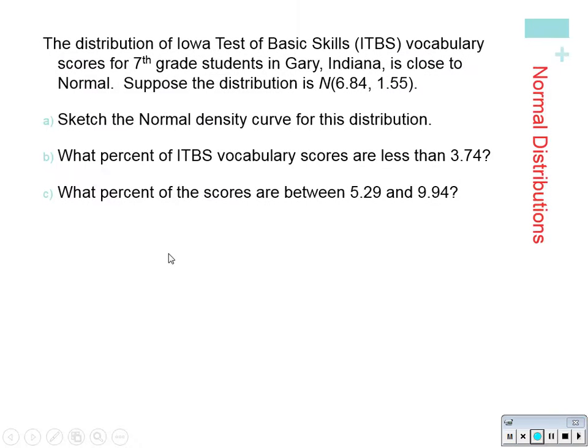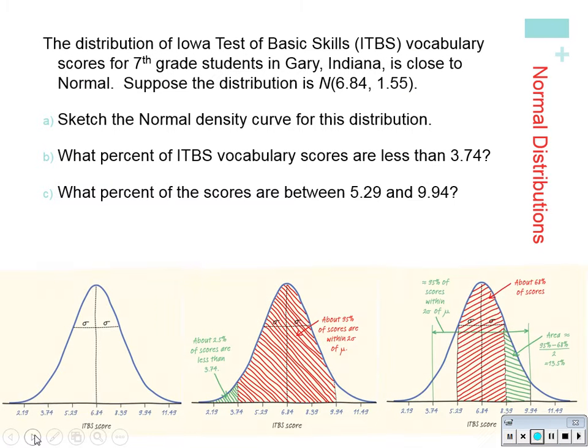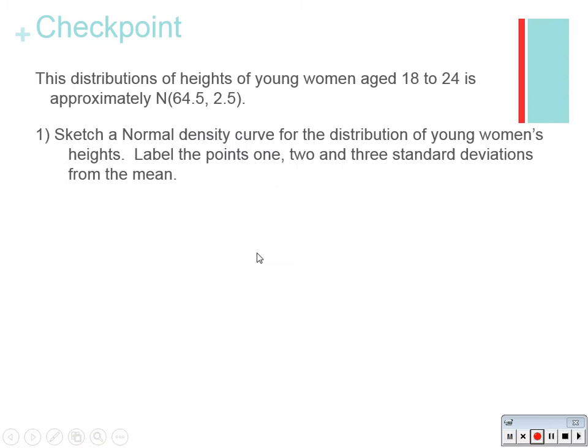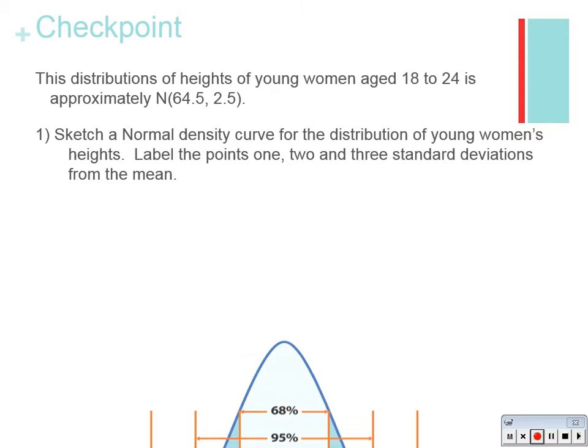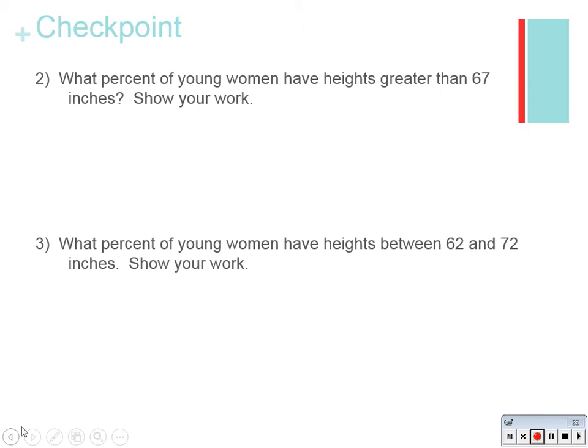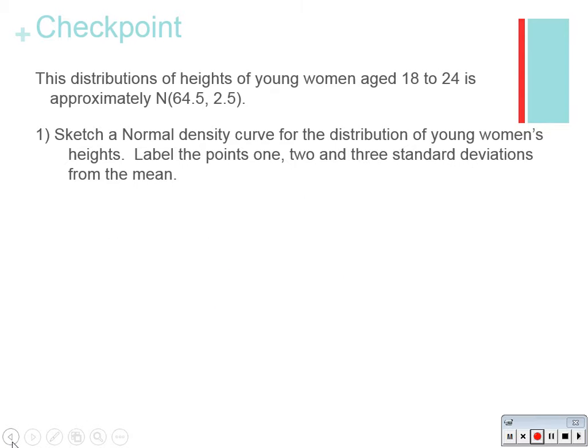So just moving forward, you have this checkpoint question here. The distribution of height of young women aged 18 to 24 is approximately normal, with a mean of 64.5 and a standard deviation of 2.5.